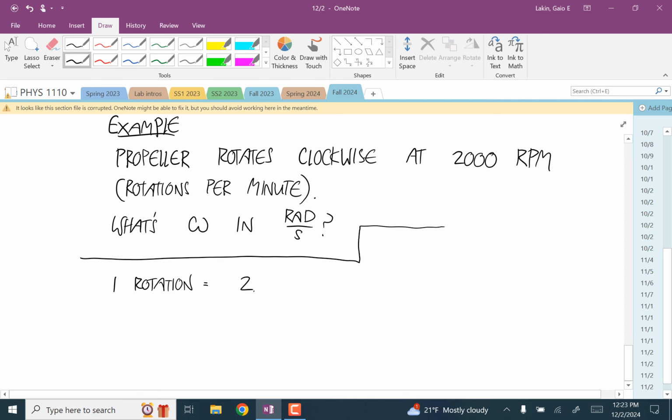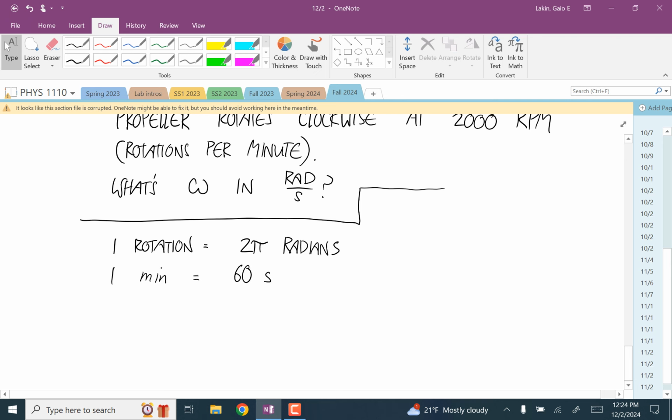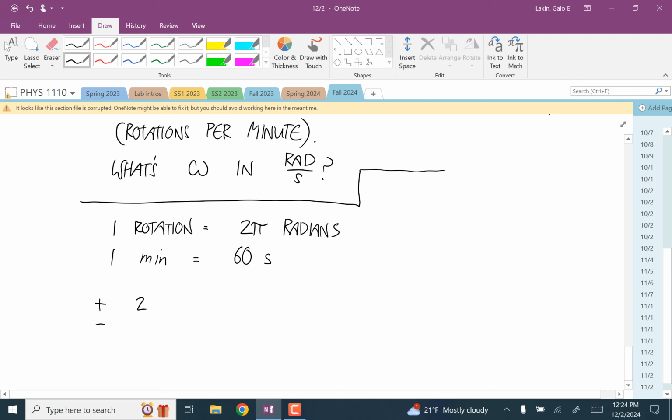So one rotation is 2 pi radians. And 1 minute is 60 seconds. And so you can think of this as plus or minus. We'll think about that next. 2,000 rotations per minute.